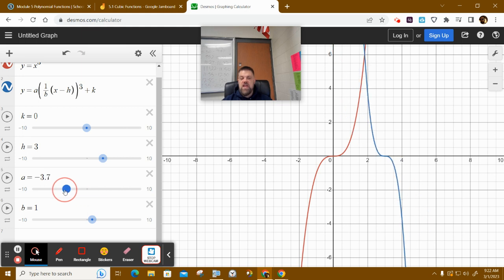Now, if it's greater than negative 1, it vertically stretches it. Does that make sense? But our value is negative 1/2 or negative 0.5. Okay? And that's it. So I'm going to take a screenshot of that.